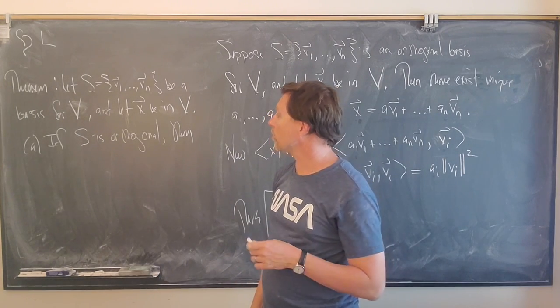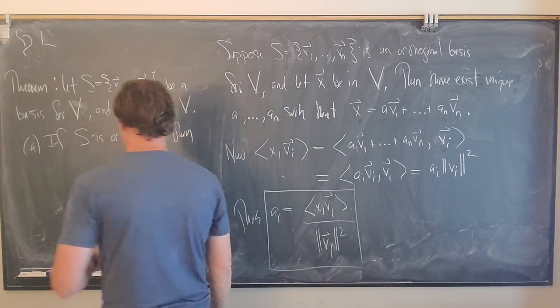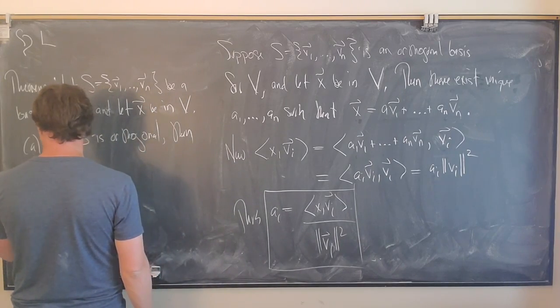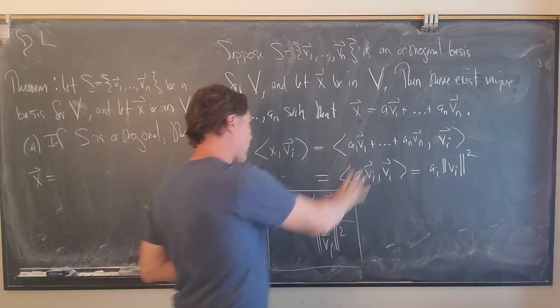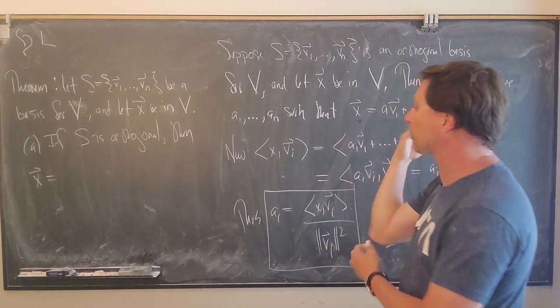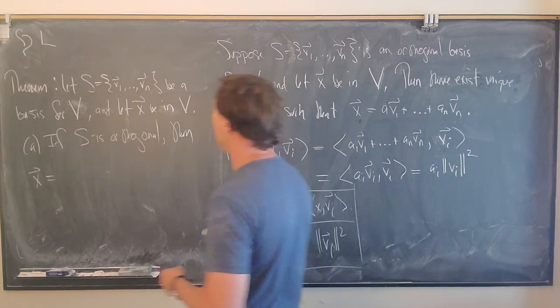So now if S is orthogonal, then our computation right here told us exactly how to express X as a linear combination of the V's.